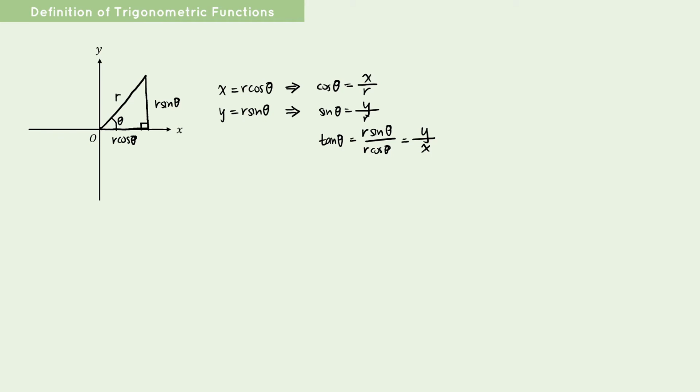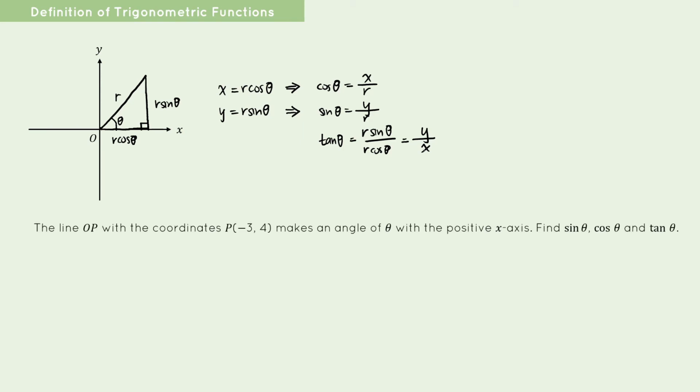By doing this, we can extend our understanding of trigonometry to any angle by making use of the Cartesian plane. How do we do that? I'll illustrate it through an example.